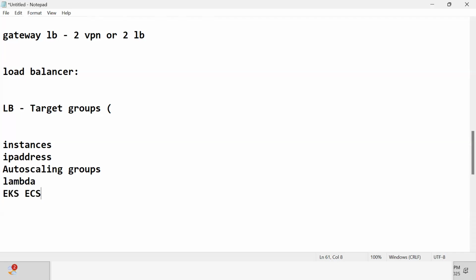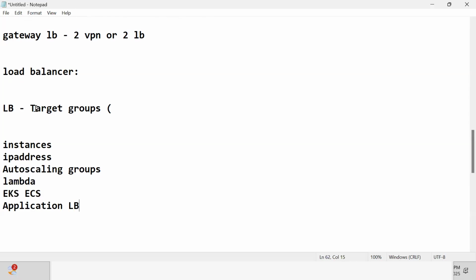And one more thing: an application load balancer can also be attached as a target to the network load balancer.